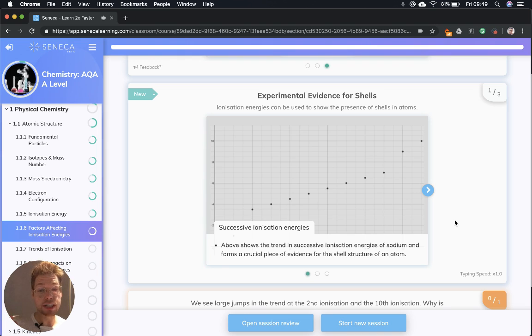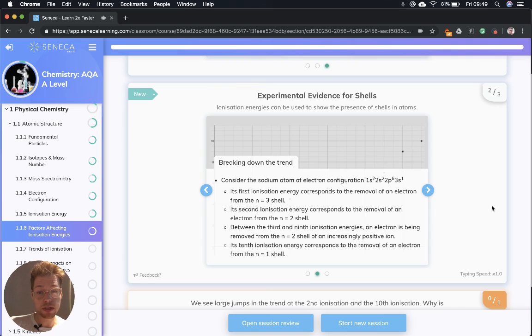If we look at the trend of ionization energies of an atom, let's take sodium, for example, we can see that sodium has the electron configuration 1s2, 2s2, 2p6, 3s1. Its first ionization energy corresponds to the removal of an electron from the n equals 3 shell. That is that 3s1 electron. The second ionization energy corresponds to the removal of an electron from the n equals 2 shell, from the 2p6 shell.